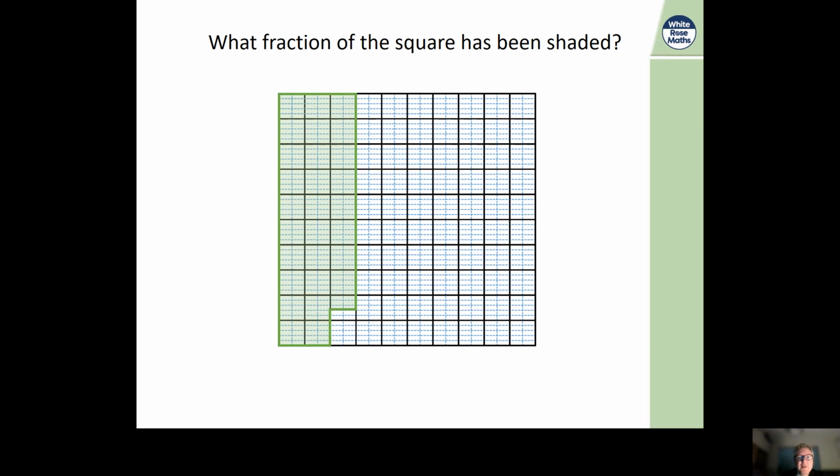Okay. So moving on, what fraction of the square has been shaded? And then write the fraction as a decimal.